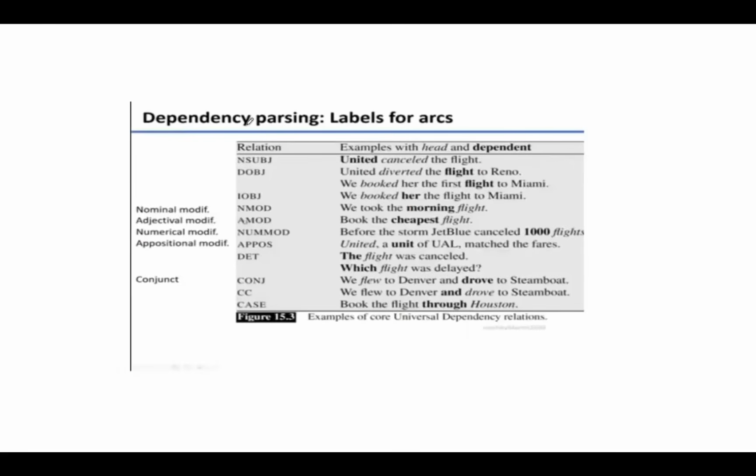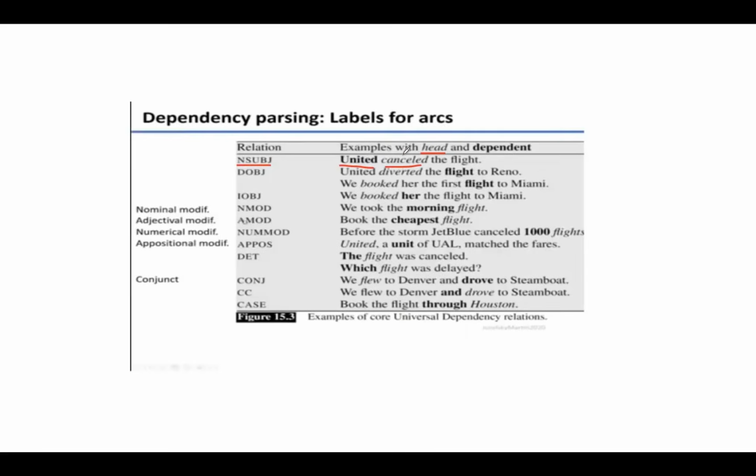And these are some dependency parsing labels for args. If you take nominal subject, the ones represented in this format are heads, and the ones in bold are dependents in the sentence. For nominal subject, between united and cancelled, the relationship should be nominal subject.